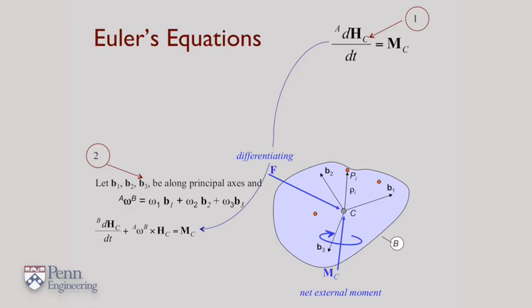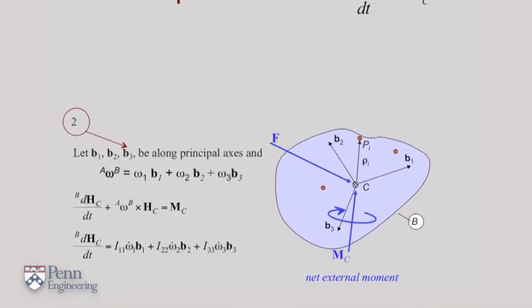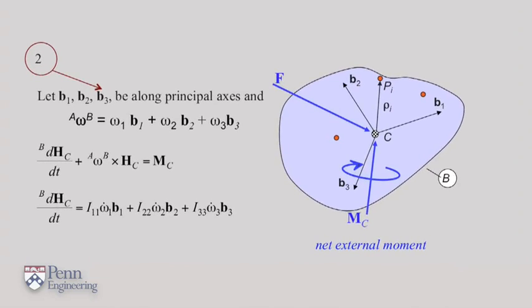Because we have chosen principal axes, it turns out that the off-diagonal elements in the inertia tensor are 0. So therefore, the first term, which involves I times omega, the inertia tensor times the angular velocity vector, consists of three terms. The diagonal terms I11, I22, I33, which multiply with omega 1, omega 2, and omega 3, yield three terms that you see on the right-hand side.